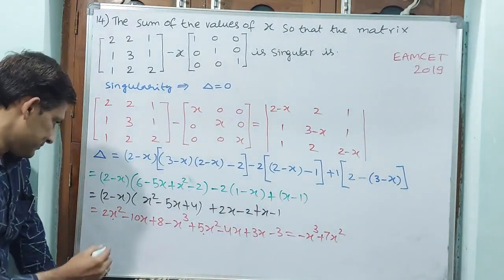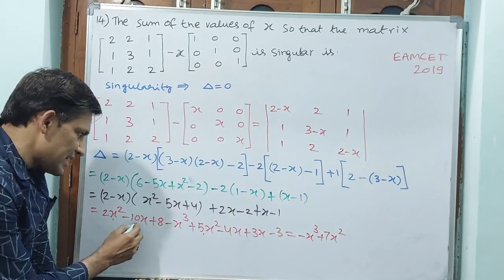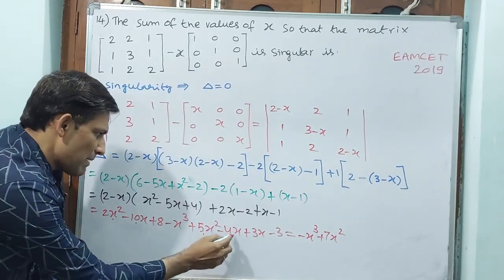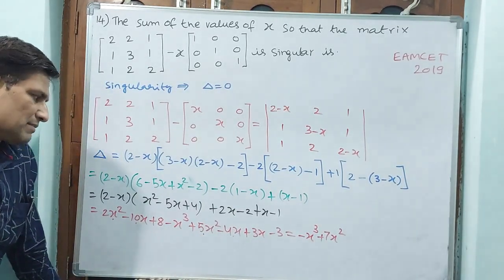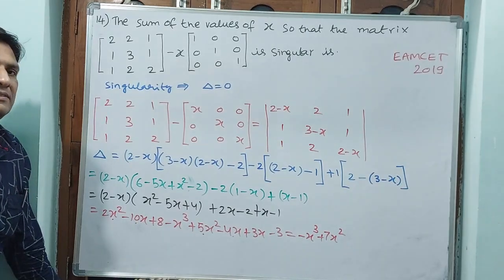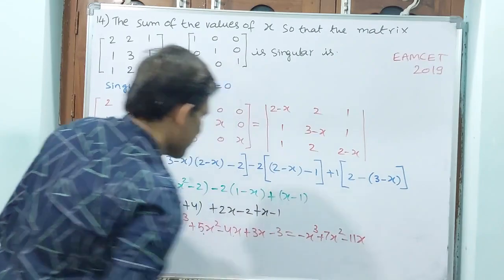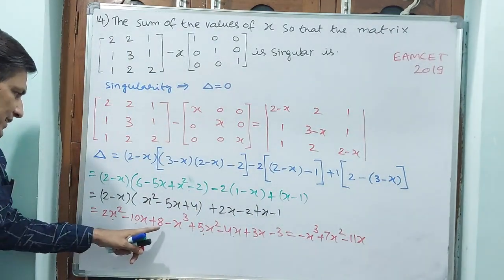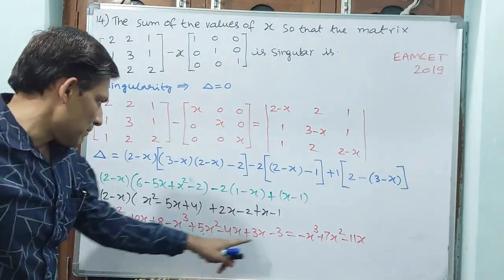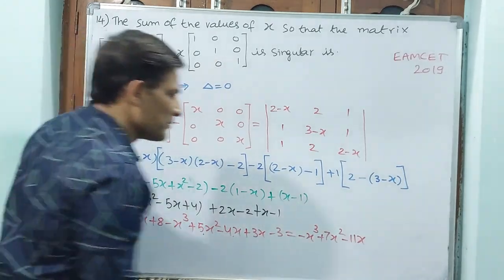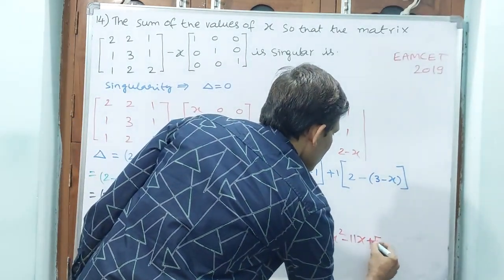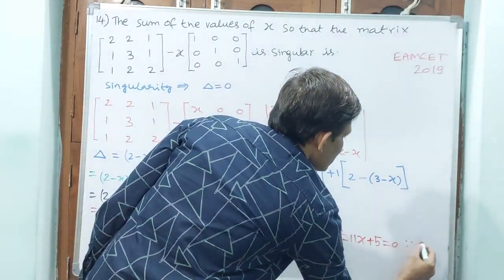Then go for x. Minus 10x, minus 4x, minus 14x plus 3x, minus 11x. Now go for constant. 8 minus 3 plus 5 equal to 0 because singular.